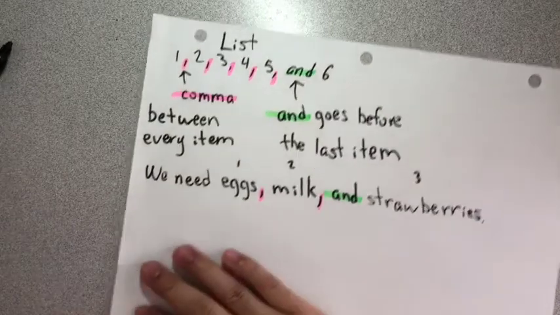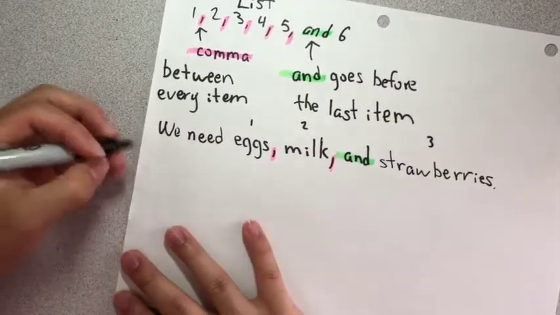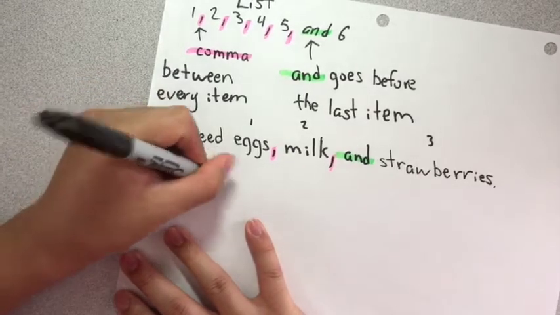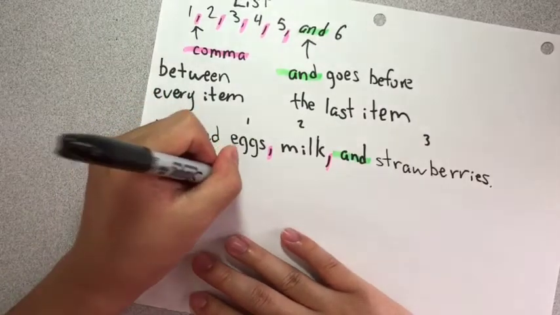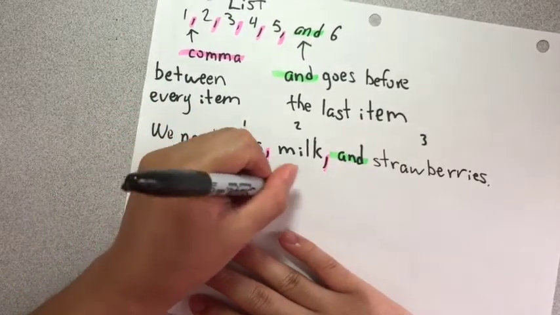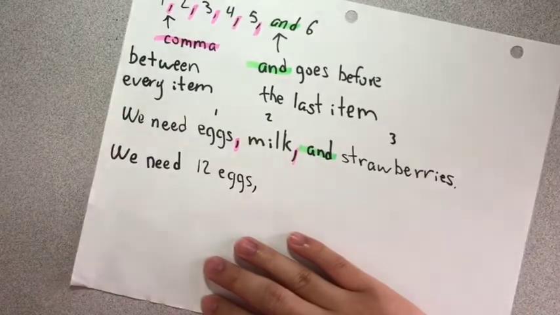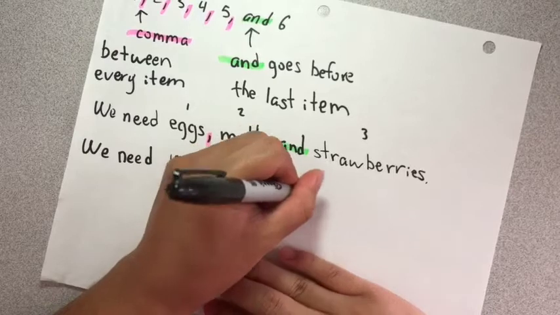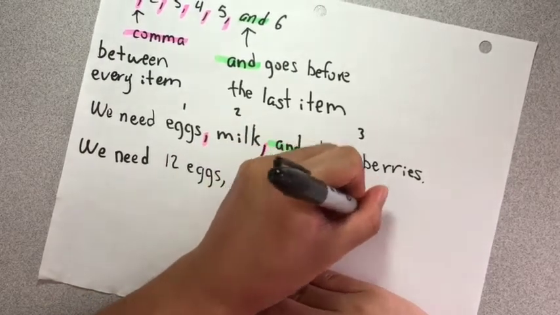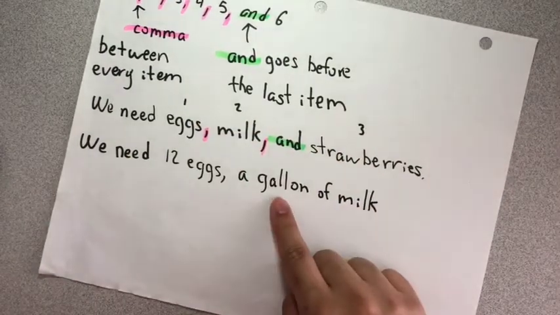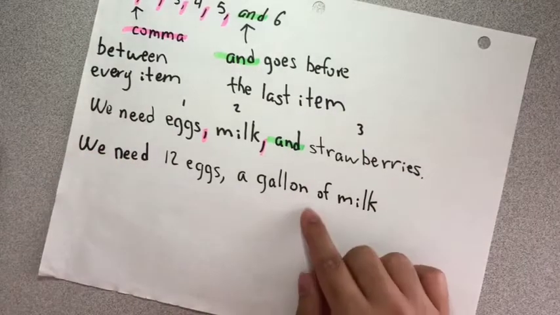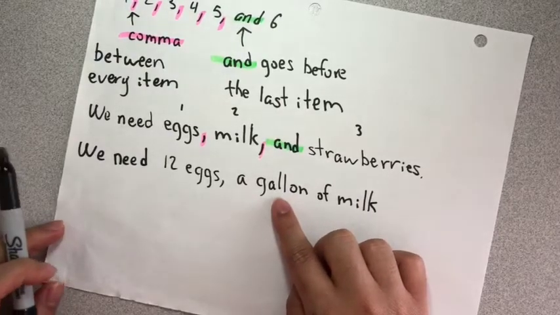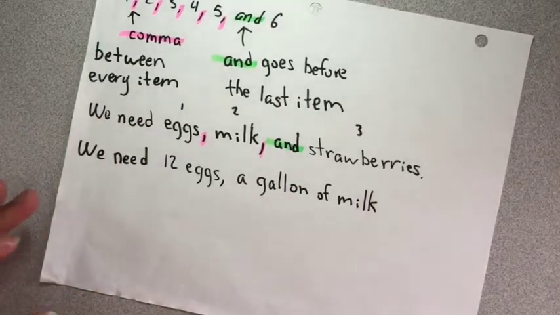Alright, so let's make the list a little more difficult. So we can say we need 12 eggs, comma, a gallon of milk. A gallon of milk. A gallon is the big bottle of milk. This is the measurement of milk. So it's the big bottle of milk, the really big one.